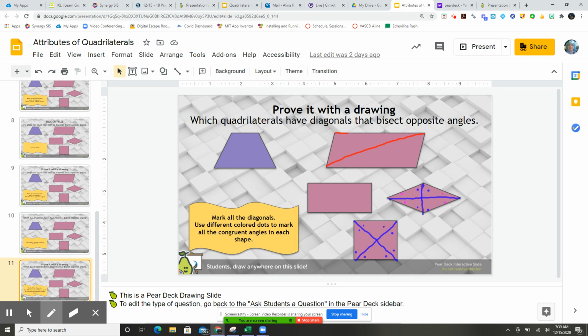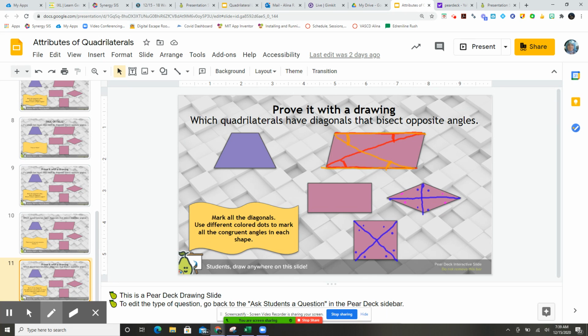And if I make one diagonal, I can make that Z, right? So the crook of the Z, those are congruent. And then I can make the Z backwards and do the opposite diagonal. And these are congruent.